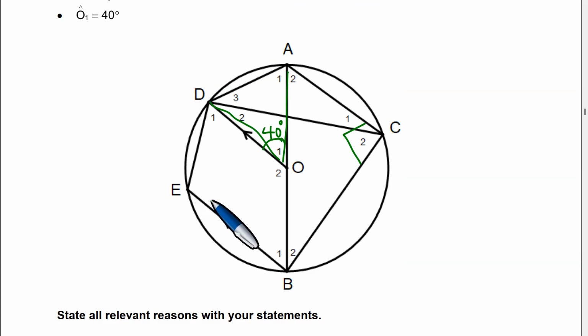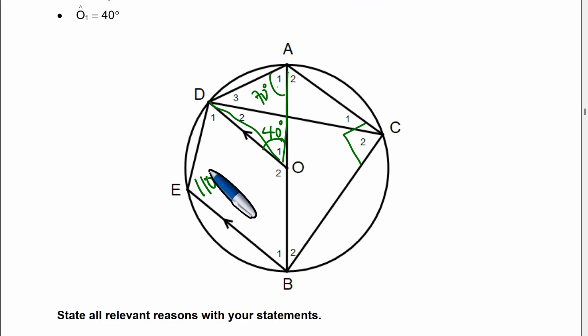It's obvious, right? So what do we say? Obviously, we're dealing with a cyclic quad here. This is a straight line. So if you know that this one is already 70 degrees, this plus that must be 180 degrees.